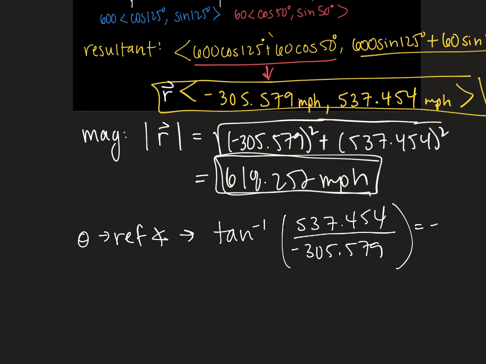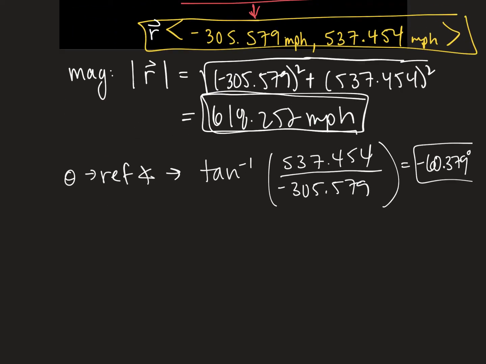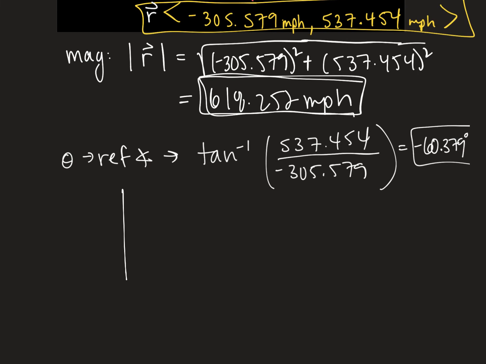But this would give you negative 60.379 degrees, which is the reference angle. But remember, this is what's going on up above. This is my resultant vector. And I just figured out that this is 60.379. And I need to know this piece to be able to talk about the bearing.